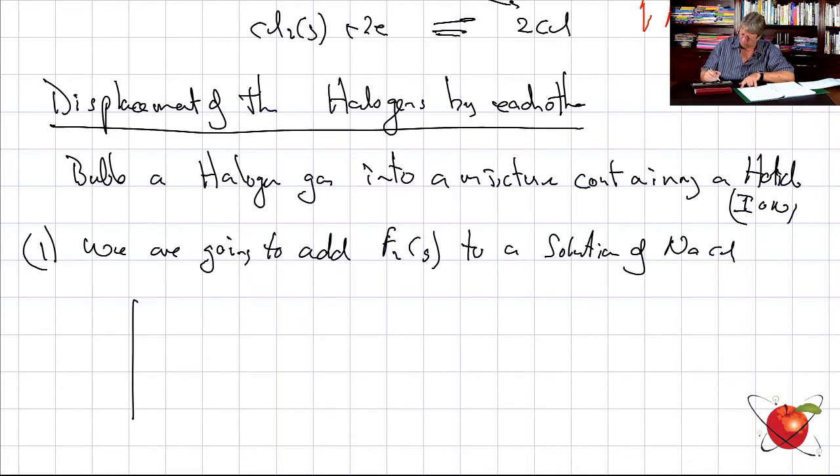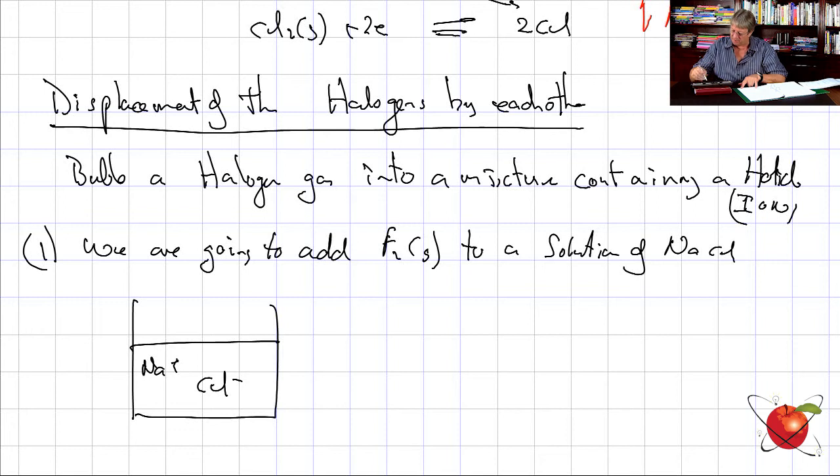So first of all, what have I got? I've got Na plus and Cl minus ions. Then I'm going to come along over here and I'm going to put my little thing in and I'm going to push F2 gas through there.